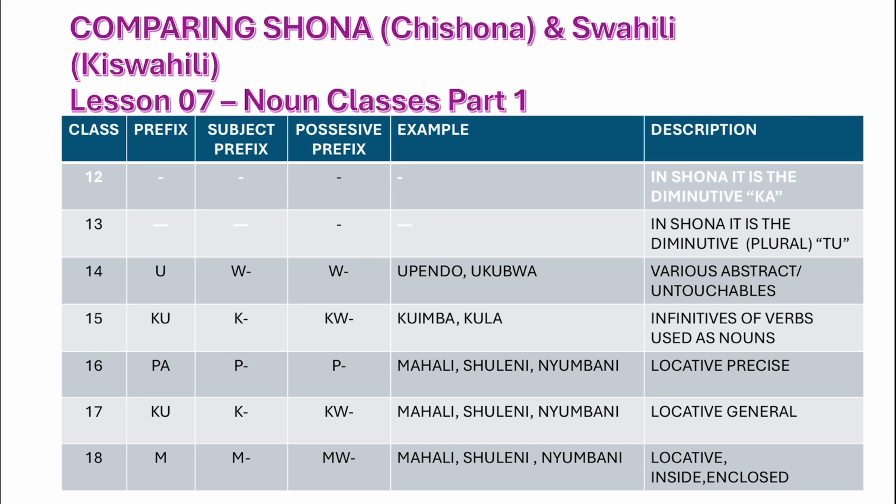Class 16, 17, and 18 are called locatives. Pa gives us a precise location, like at Nyerere Square in Dodoma.